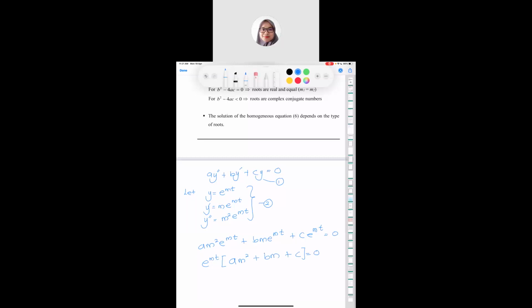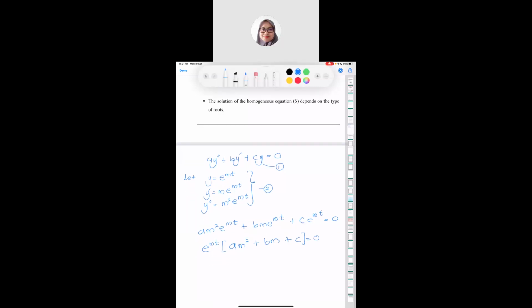Where we know that e^(mt) cannot equal to 0, this one also can equal to 0. So this equation we call as characteristic equation.